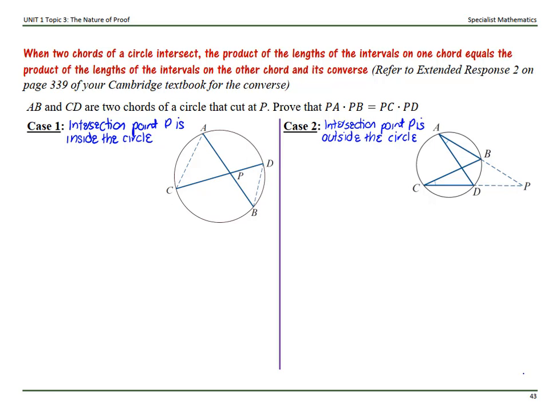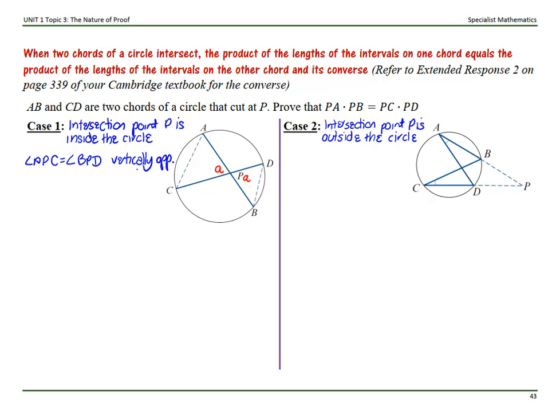So for the first case, we can start by saying that this angle here has to equal that angle there because they're vertically opposite. So angle APC equals angle BPD because they're vertically opposite.